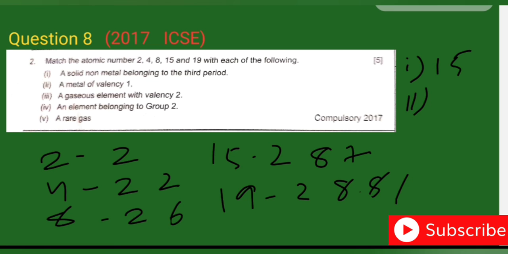The metal of valency 1 is 19, because you can see only 1 electron in the outermost shell.